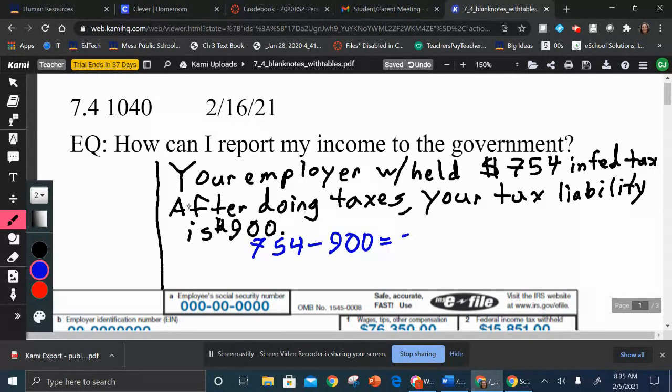Okay. So you would owe $156. Okay. So that would be how much you owe.